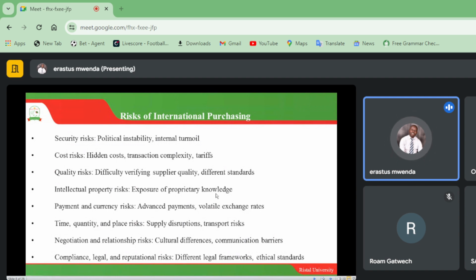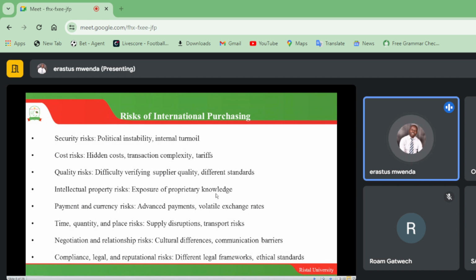The other one is what we call intellectual property risks. This could be an example of exposure of proprietary knowledge. When you talk about intellectual property, we are referring to things like patents, things like trademarks.